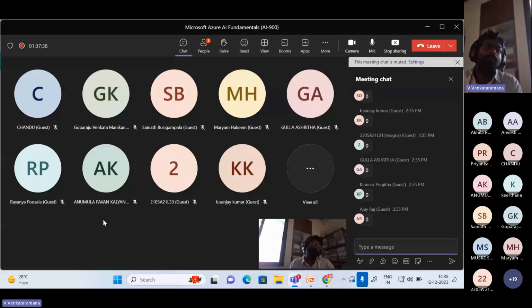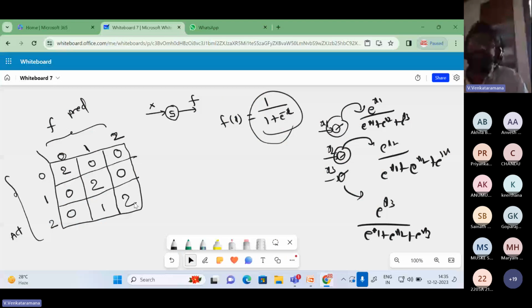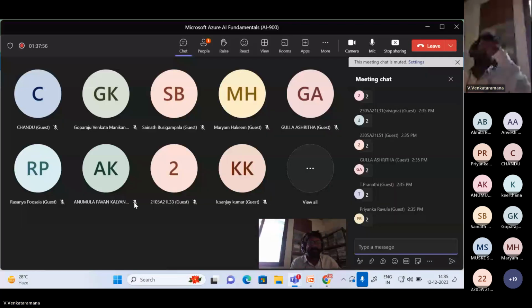Okay. What about the 2, 1? Okay, 1. And what about the 2, 2? 2. Right. So this is called a confusion matrix.